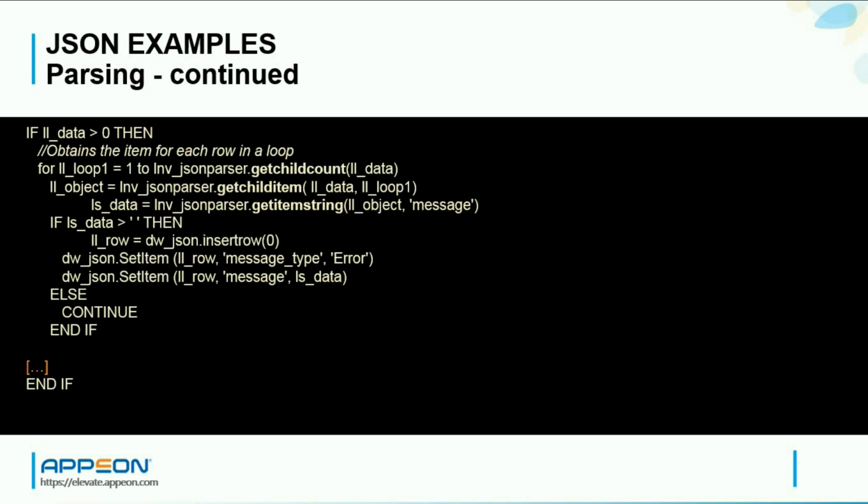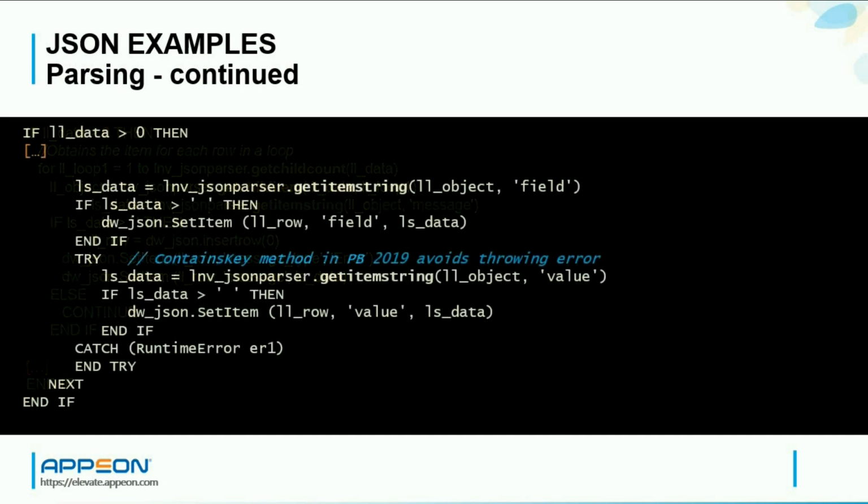If that has any data, then we can create a new row in our grid data window. Then we can set the items with the data. The next thing after the message was the field, and we can put that in the data window.